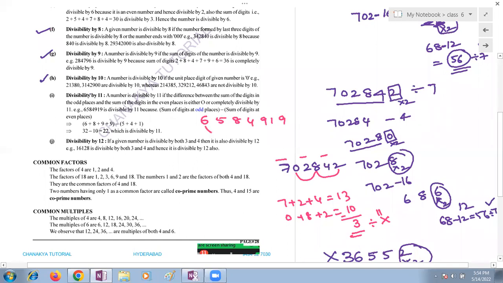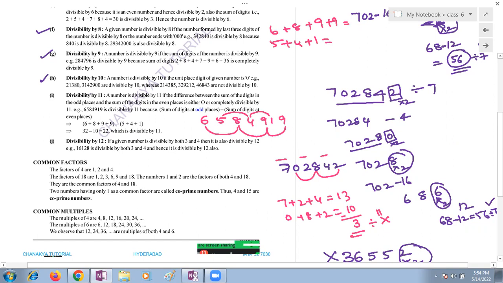If I start with the 6, 8 is the next alternative, then 9, then 9. What is the other set of alternative digits? These are 5, 4, 1. Now you have to add up 5 plus 4 plus 1, the sum is 10, and the other sum is 6 plus 8 plus 9 plus 9.